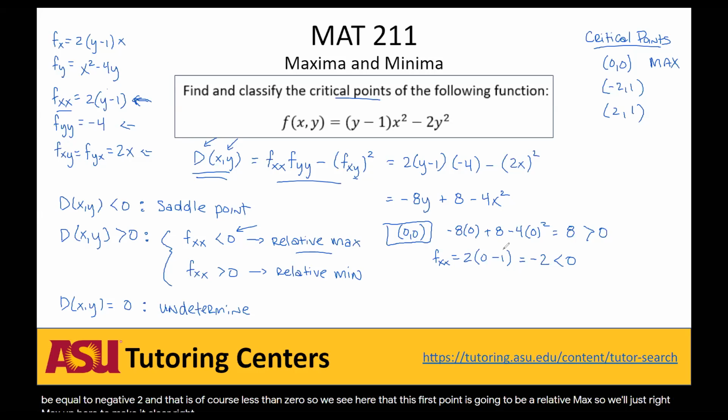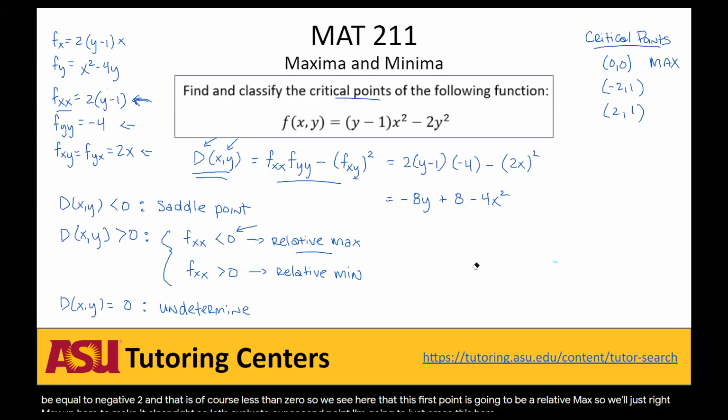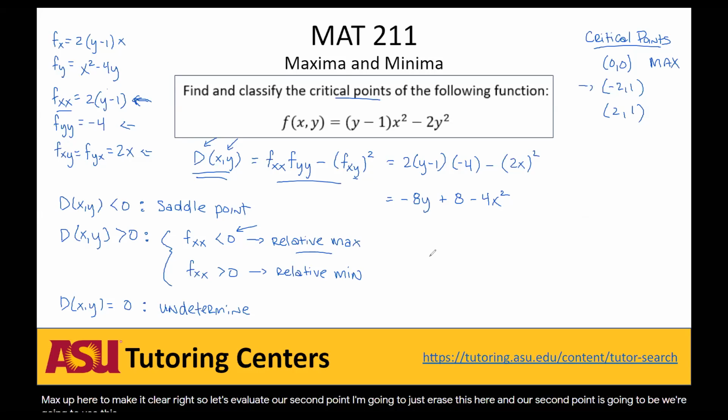All right. So let's evaluate our second point. I'm going to just erase this here. And our second point is going to be negative 2, 1. We'll do the same process here.